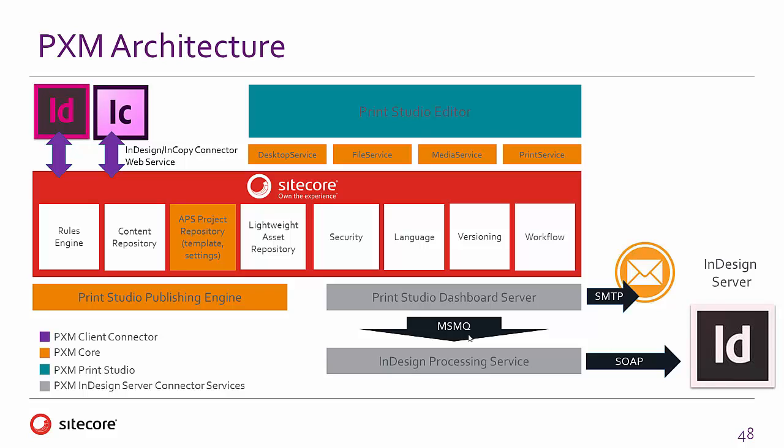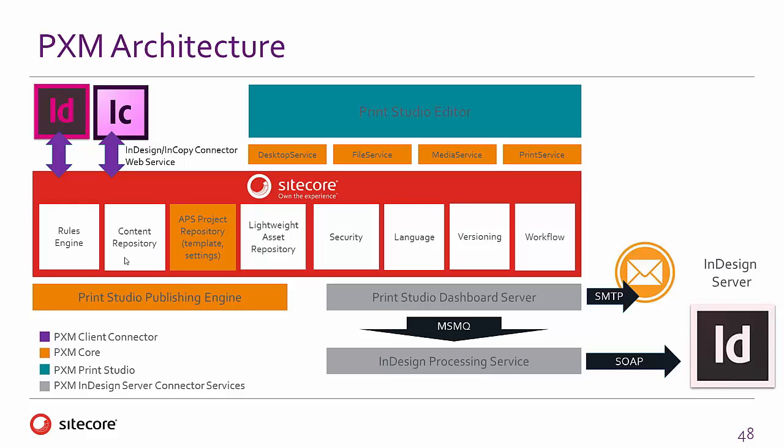Those are in turn picked up by the InDesign processing service and sent to the InDesign Server through SOAP. The other thing that the dashboard server does is it sends those completion tasks to SMTP. So as it receives those completed tasks from the InDesign Server, it then will send an email saying that that job was created.